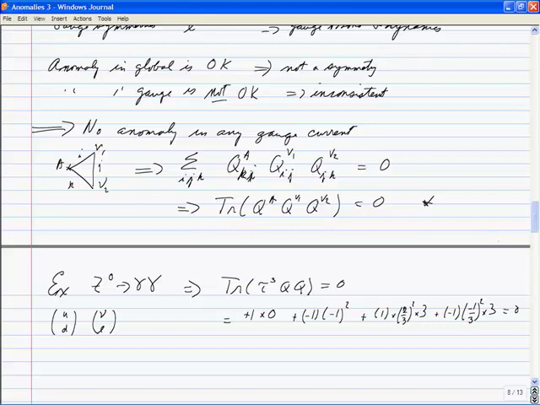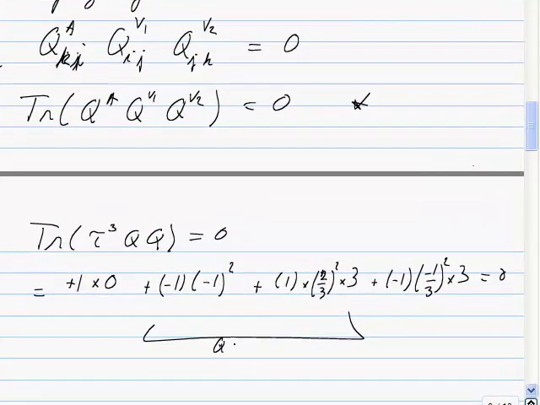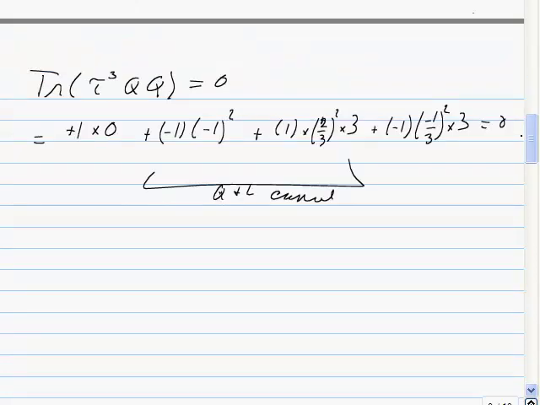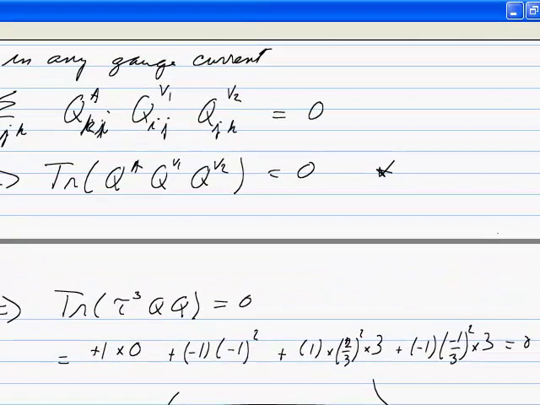It's not true. There would be an anomaly in the Z0 coupling that would just totally destroy the theory. So it required this cancellation to do it. And that's actually where I'm going to start the standard model.